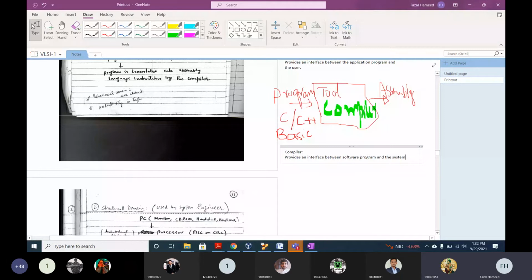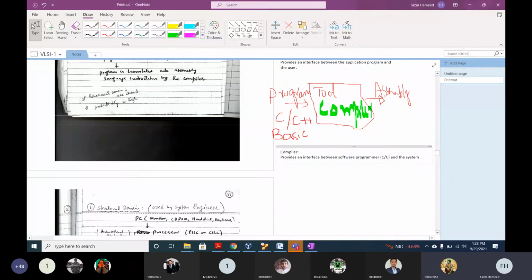The system is any processor, maybe an x86 processor or something like that. So it provides an interface between the software programmer, who is any C, C++ programmer, and the system. The system under consideration is any x86 based system, or any core based system.